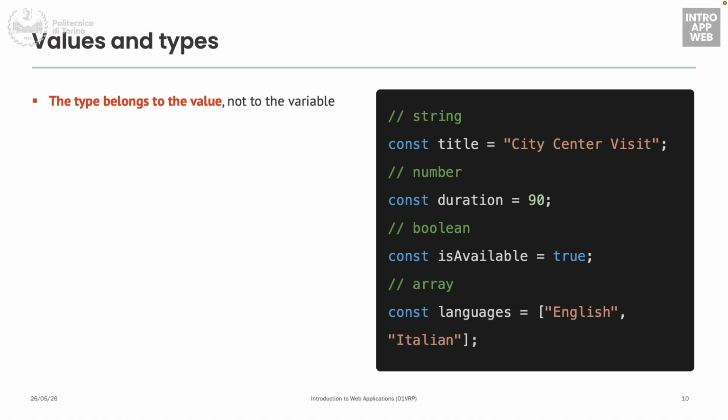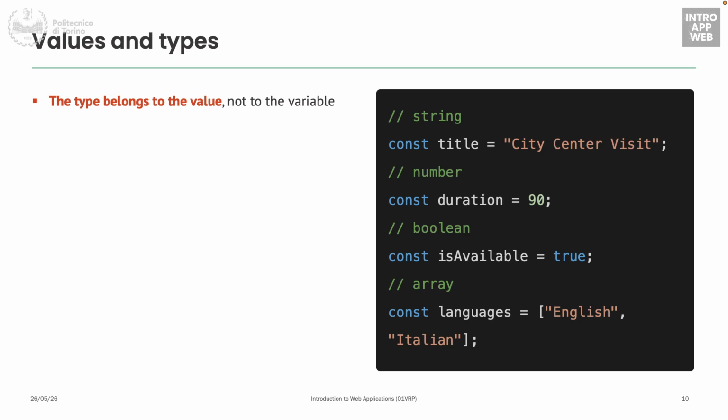For instance, the first one we know is a string because of the value, not because of a declaration here. It depends on the value that we assign to a variable, okay?